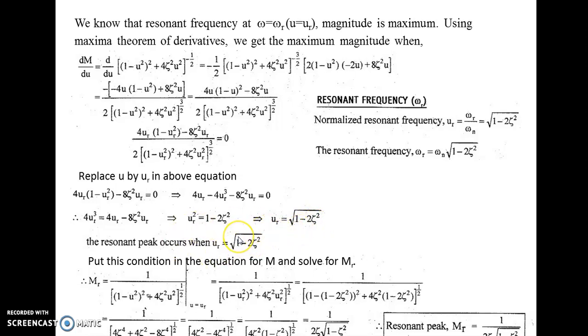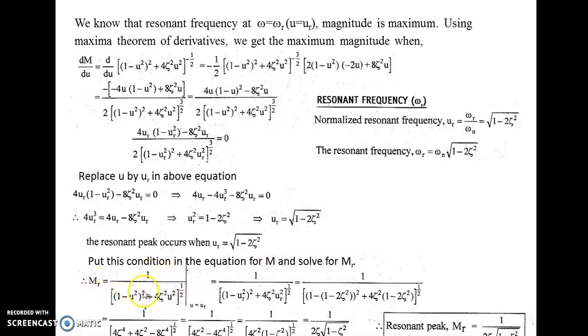Put this condition in the magnitude value and solve for the resonant peak value. When you substitute u equal to ur, automatically M is equal to Mr. Let's substitute that value in the magnitude and you will get the resonant peak.